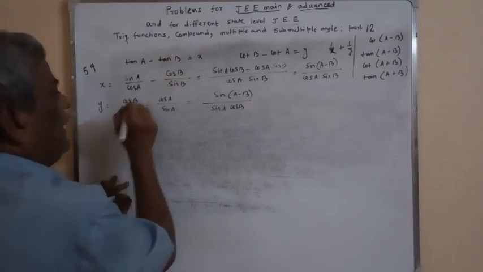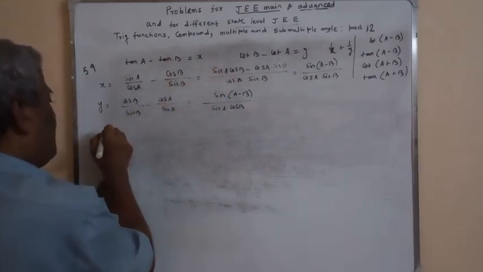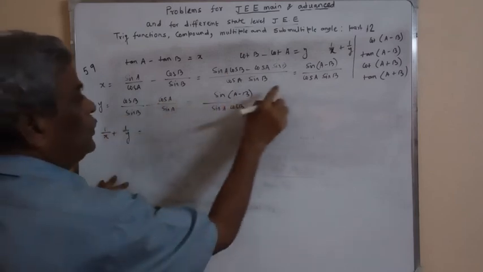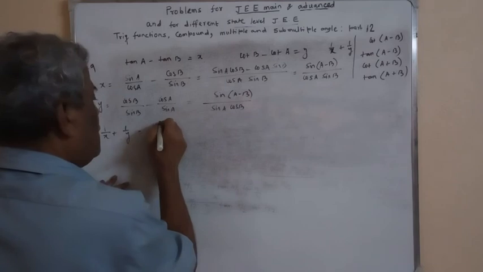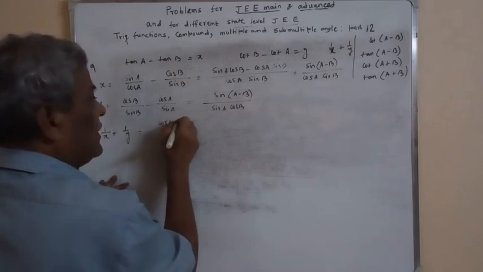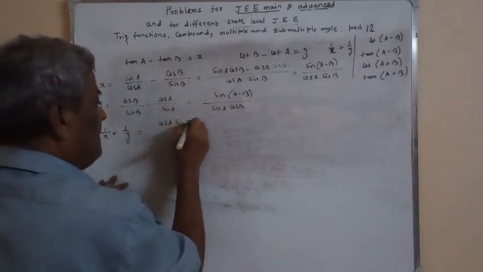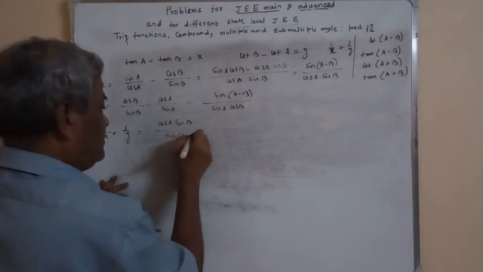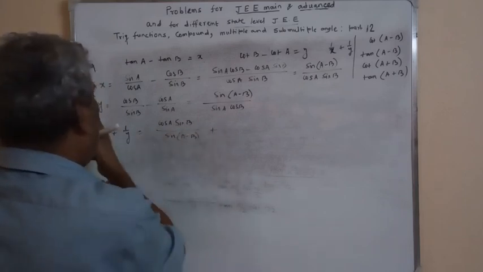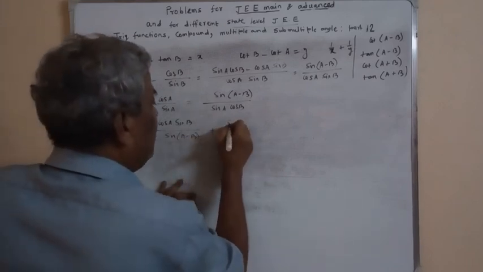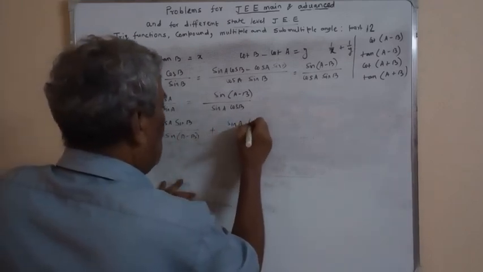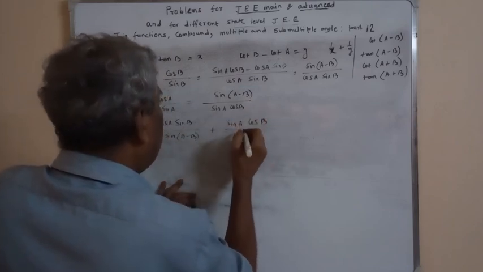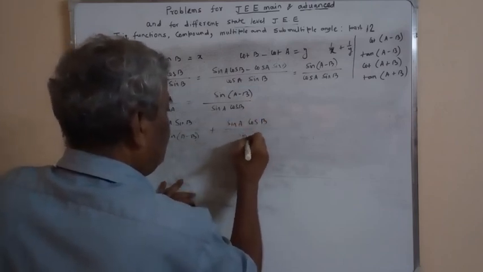Hence, the required expression 1 by x plus 1 by y is equal to 1 by x means cos A sin B by sin of A minus B plus 1 by y sin A cos B by sin of A minus B.